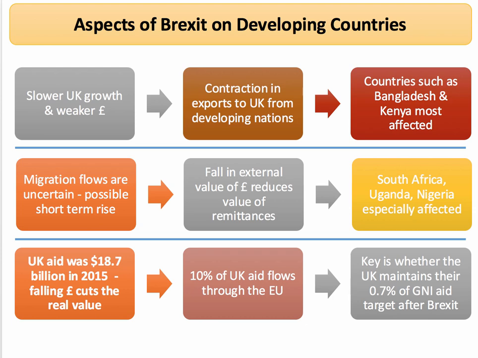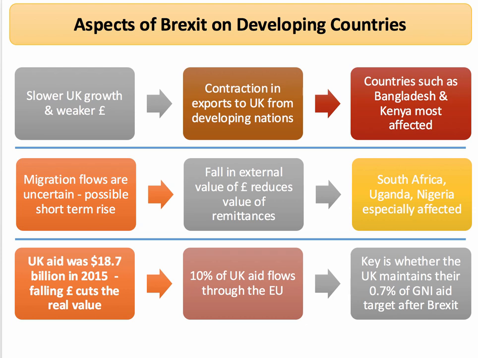If the UK economy, for example, grows more slowly over the next three to five years, then there might well be a contraction in exports to the UK from developing countries. They may find it slightly harder to export to the UK. Perhaps countries like Bangladesh in textiles and Kenya in farming might be most affected.